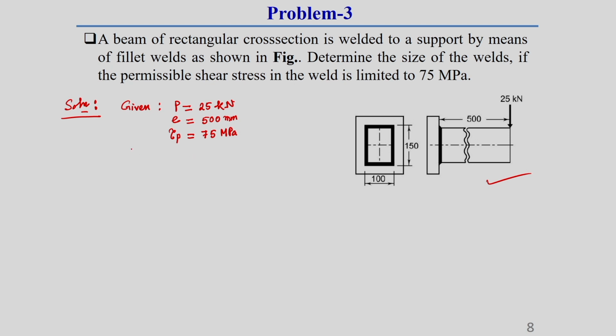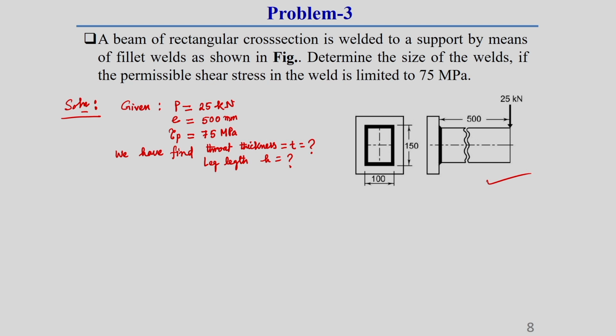Now, what we have to find out? We have to find out the dimension of this weld, means we have to find the throat thickness. So, let us consider the throat thickness equal to t. So, this we have to find out. Also, we have to find out what the leg length is.